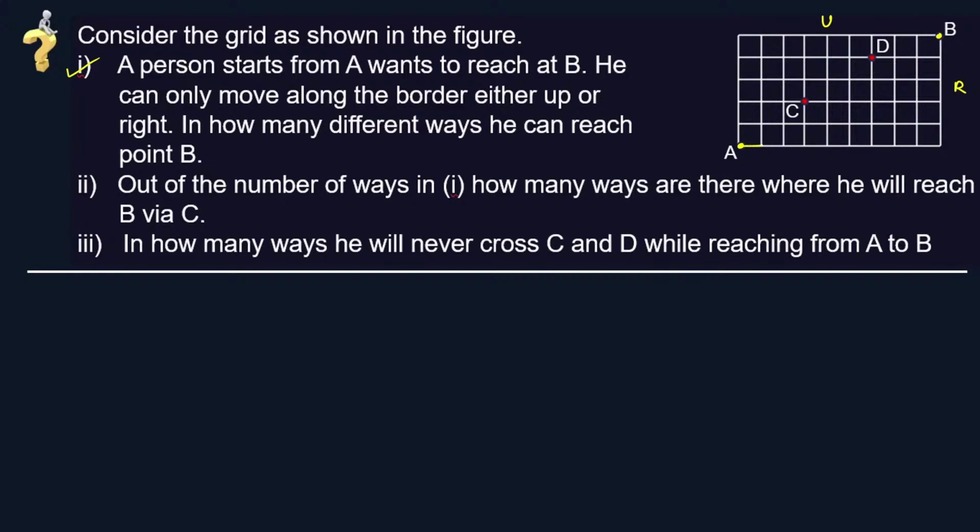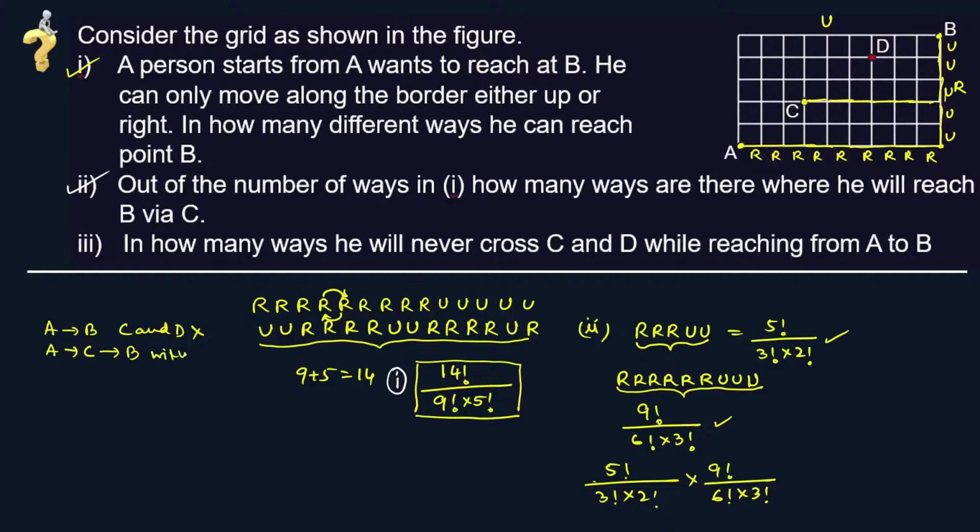Let us say the person moves like this, then this, then this, this, like this way. He is moving till this, and then again he is moving up and reaching here. Suppose he moves without crossing D, that can be one option. He reaches from A to C, then reaches B, and crosses the point D. That can be another option.